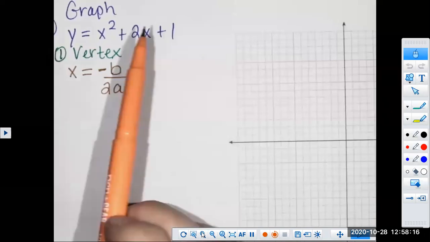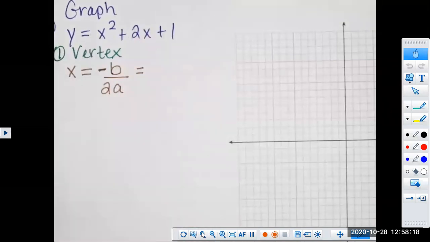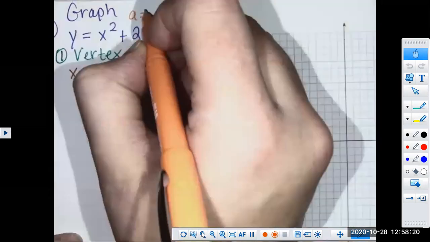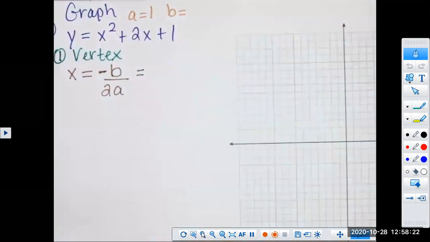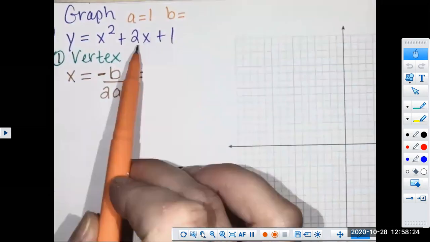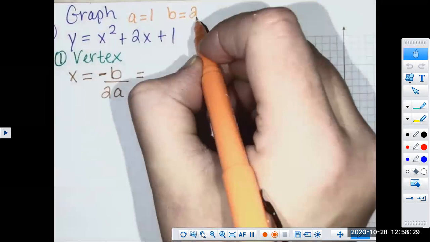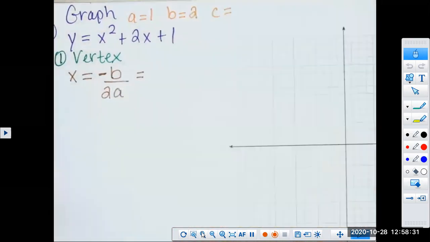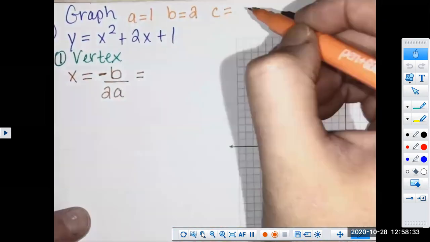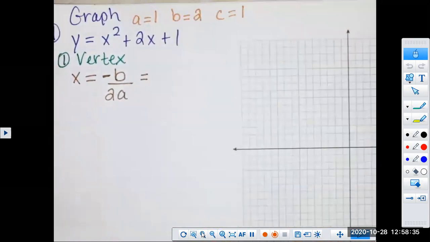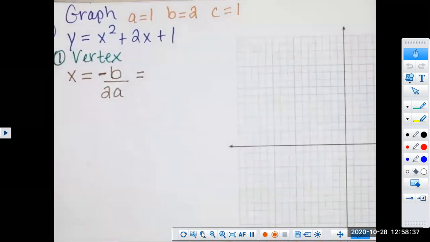What number is in front of x squared? 1. And what is b? B is always the number in front of x, so it is positive 2. And c is what? 1. I'll tell you something cool about c in a minute.